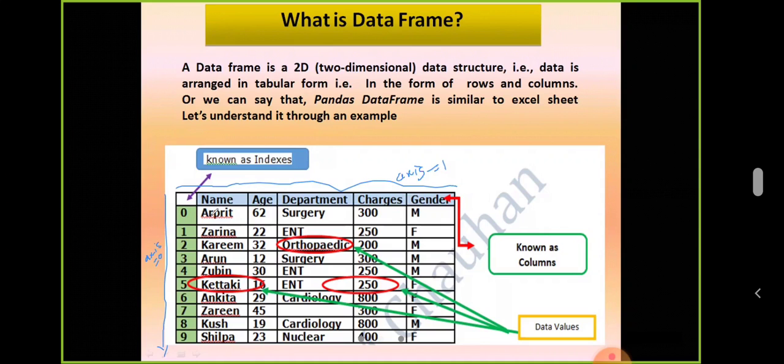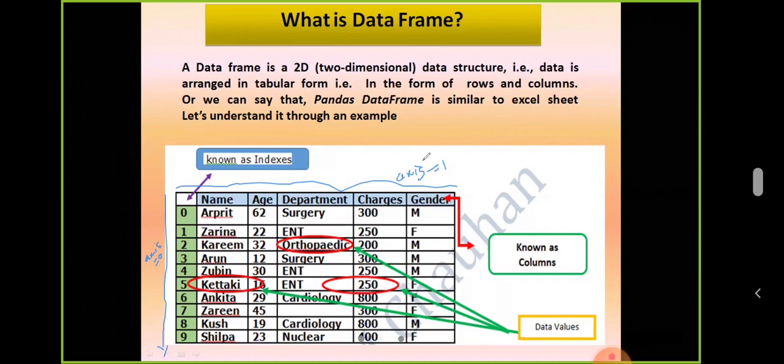Clear? In a data frame, we have a specific index for each row and a specific label, or index, we can say, for each column. When we make the data frame, the indexes are automatically created.